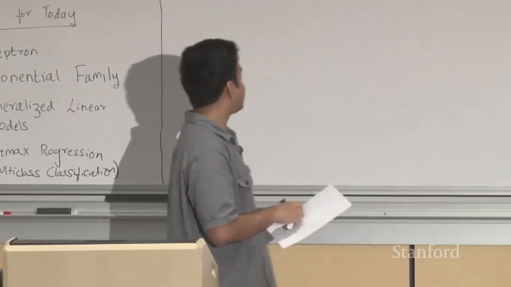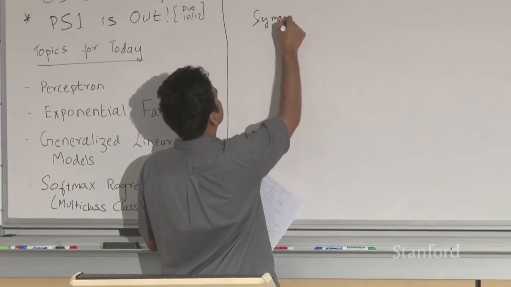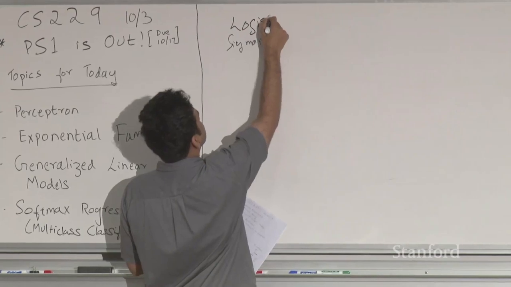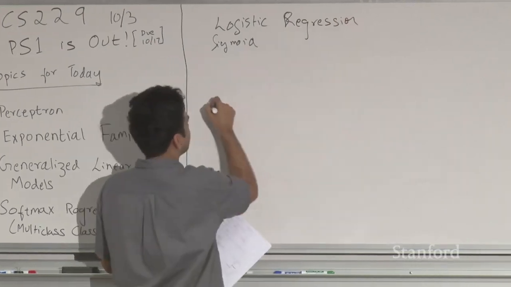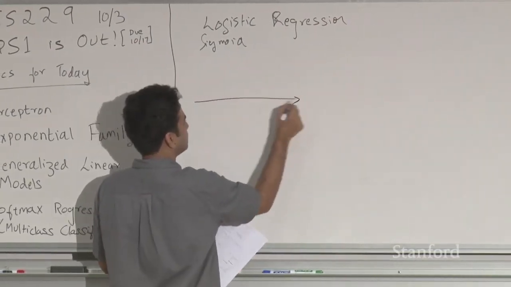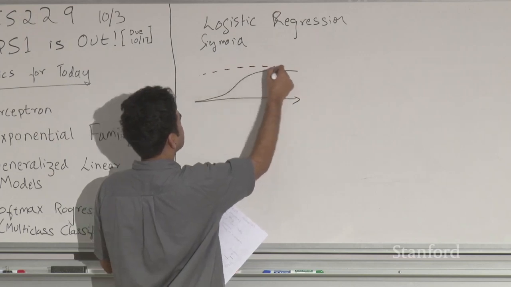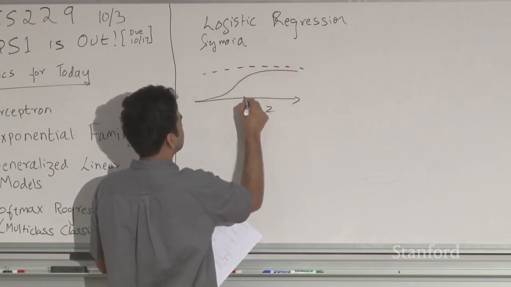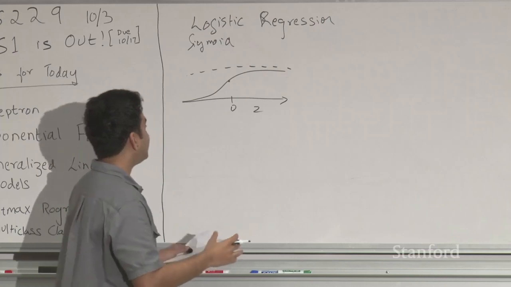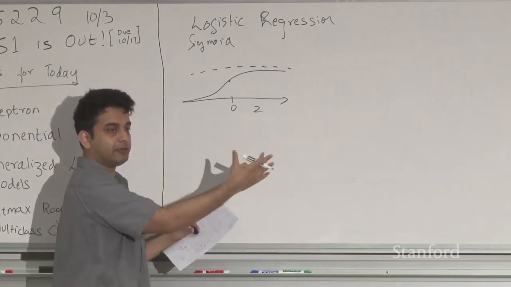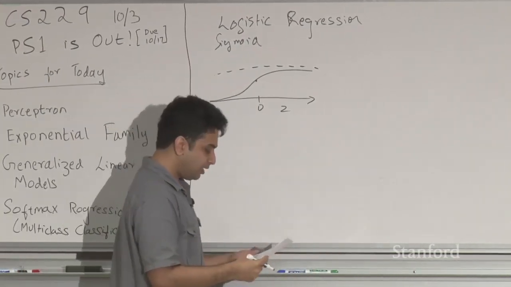So logistic regression. We saw logistic regression uses the sigmoid function, which essentially squeezes the entire real line from -infinity to infinity between 0 and 1, and the 0 and 1 represents the probability, right?